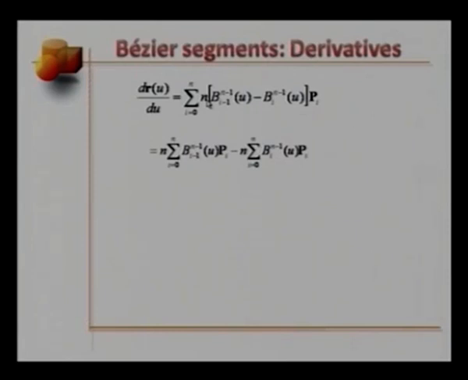We can take this term n out and expand this expression to get n summation i going from 0 to n b sub i minus 1 super n minus 1 times p sub i, minus n times summation i going from 0 to n b sub i super n minus 1 times p sub i.